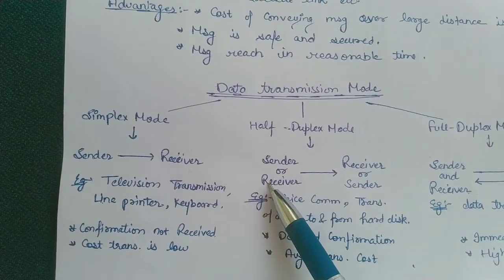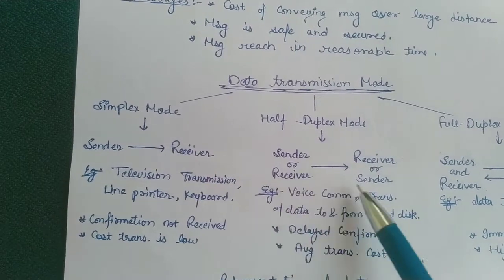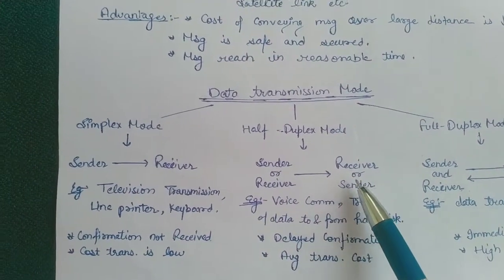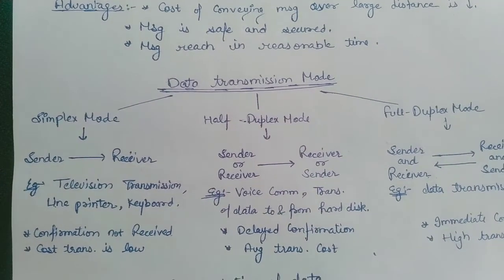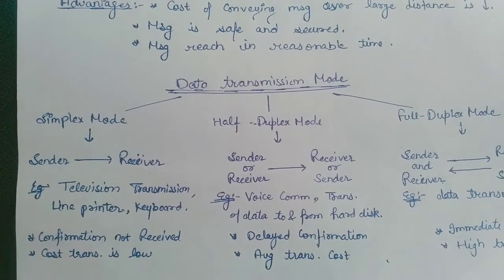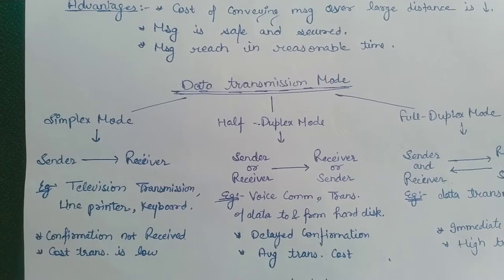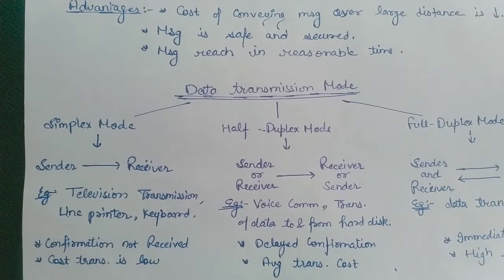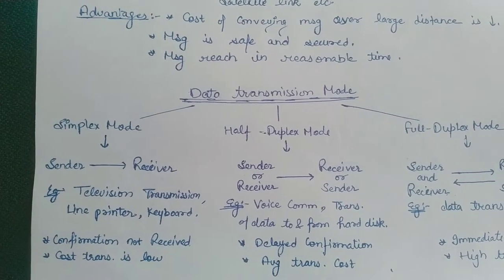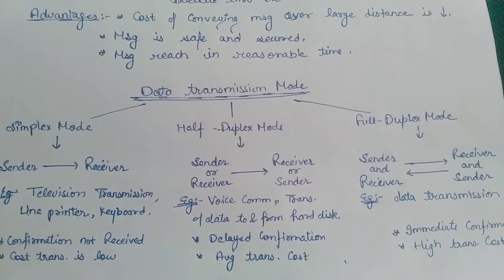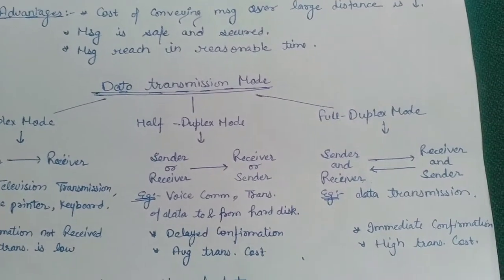If this user receives the data, then it will act as a sender. Examples of half duplex mode are voice communication and transmission of data to and from the hard disk. In the half duplex mode, confirmation of data is a little bit delayed, and transmission cost is average. So the next mode is full duplex mode.